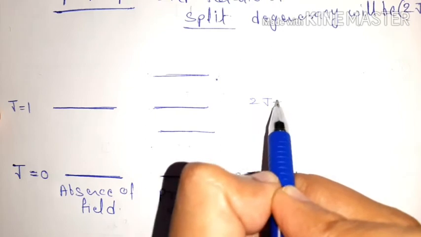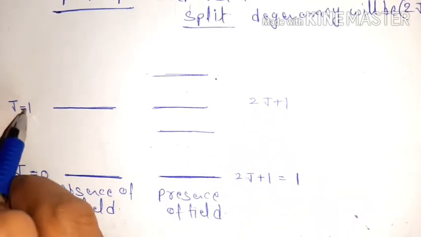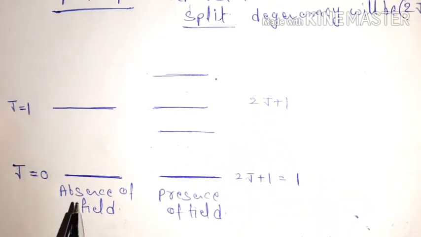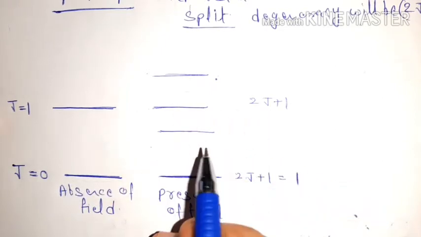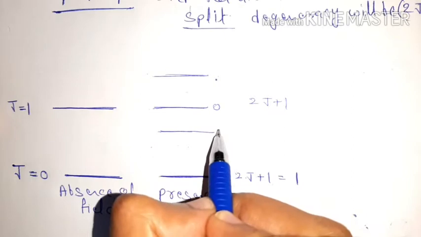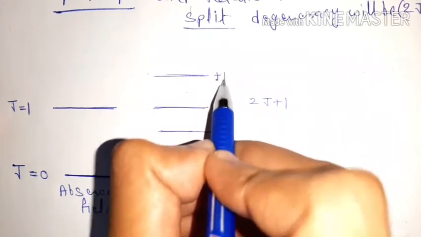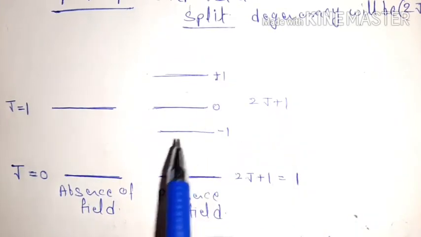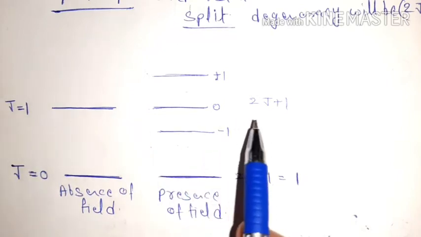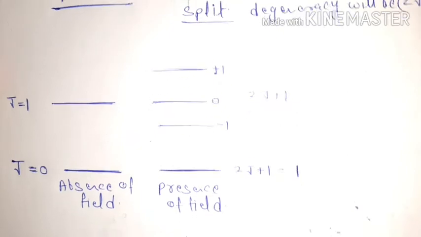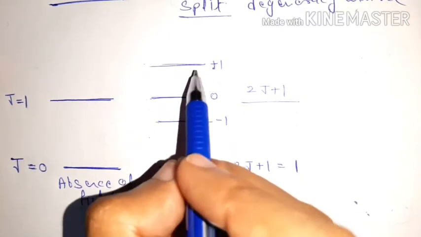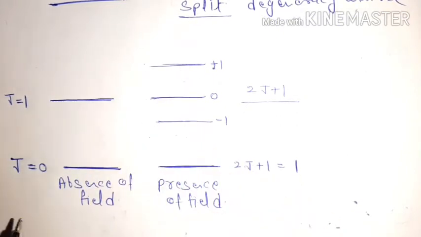According to 2j plus 1, in the presence of a field, the energy level associated with j equals 1 will be split into 3 lines and the degeneracy is 3. The values are 0, minus 1 and plus 1. So j equals 1 will be split into 3 energy levels according to the 2j plus 1 rule. Remember, in the presence of a field, this phenomenon is known as the Stark effect.